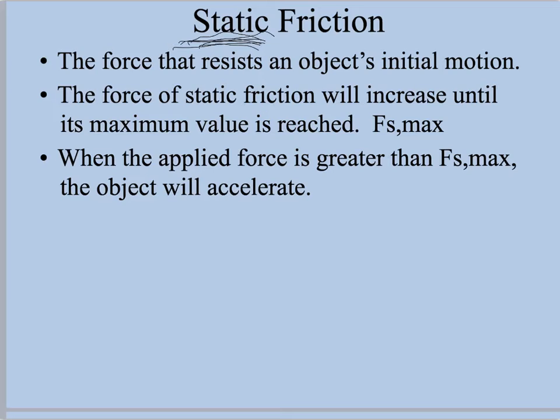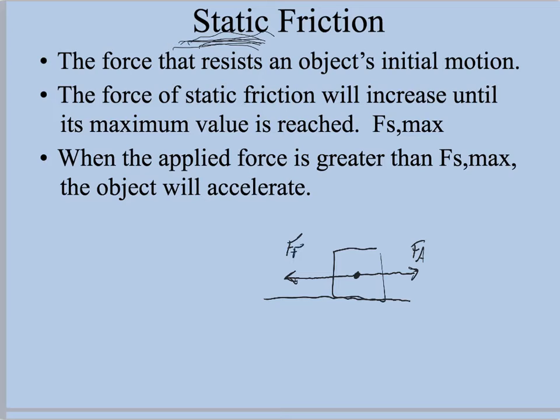So as you're pushing on a box, let's say, on the ground, let's say you're pushing again to the right, so that's your applied force. And let's just say this box isn't moving. I keep pushing, I increase my force to the right. Well, as I keep pushing harder and harder, the friction force increases as well.